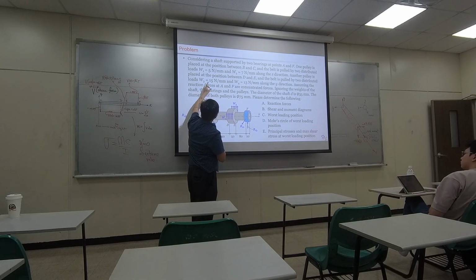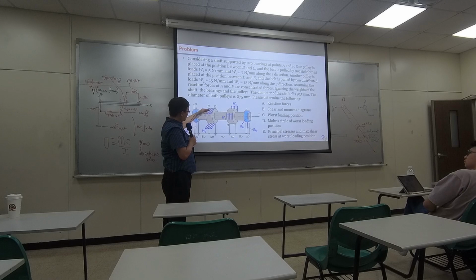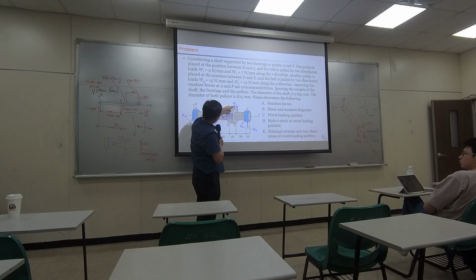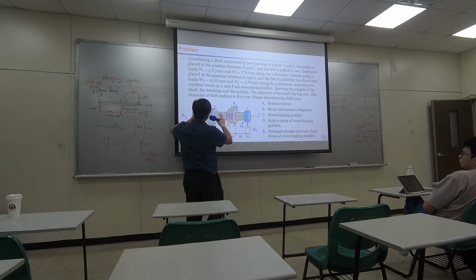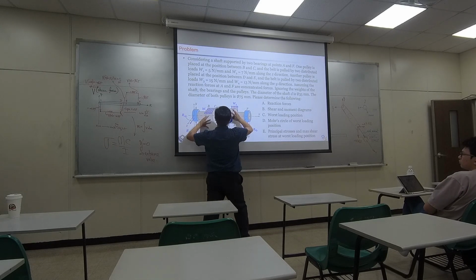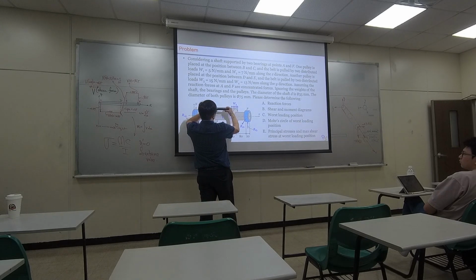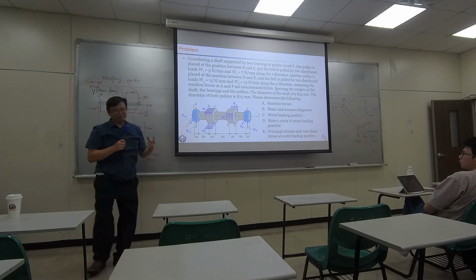So if you do W2 minus W1, that's 2 Newton per millimeter. If you do W3 minus W4, that's 2 Newton per millimeter. So that's how the system is being twisted. This and this, twisting this way. Same amount of torque.